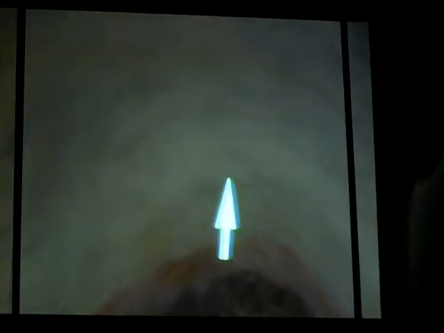Above that, usually in thick skin, you'll see a translucent layer of cells right above your stratum granulosum. That's going to be your stratum lucidum. You only see that in thick skin. In thin skin, you're not going to see that layer. And then above that, you have your layer of keratin, which is your stratum corneum.